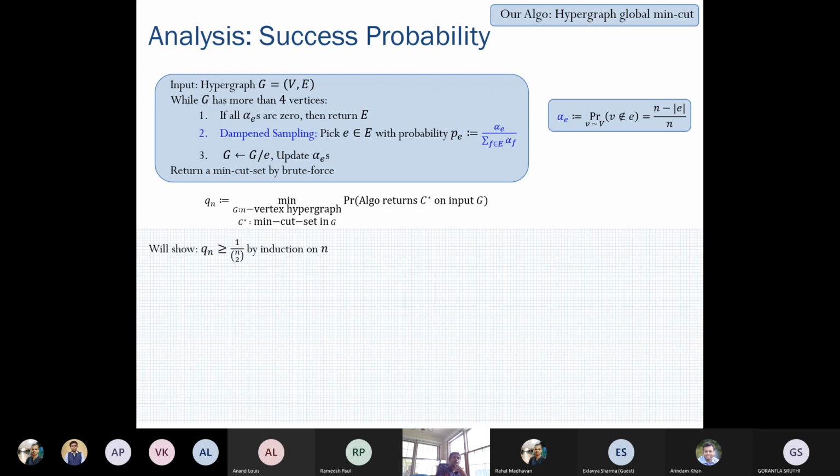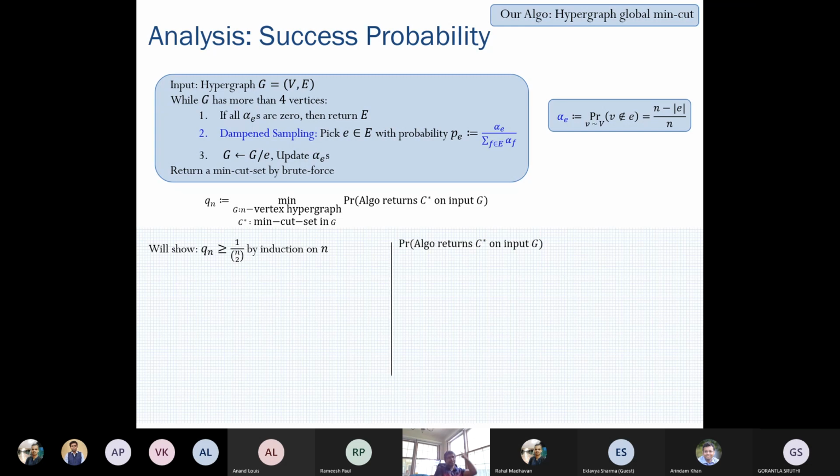We will show that this Qn is at least 1 over n choose 2 by induction on n. And this would be good because this tells you that the probability that the algorithm returns a particular min-cut set on an input hypergraph G is at least 1 over n squared. So you can repeat this n squared log n times and take the best, and you will get a min-cut. So it's enough to show that Qn is at least 1 over n choose 2.